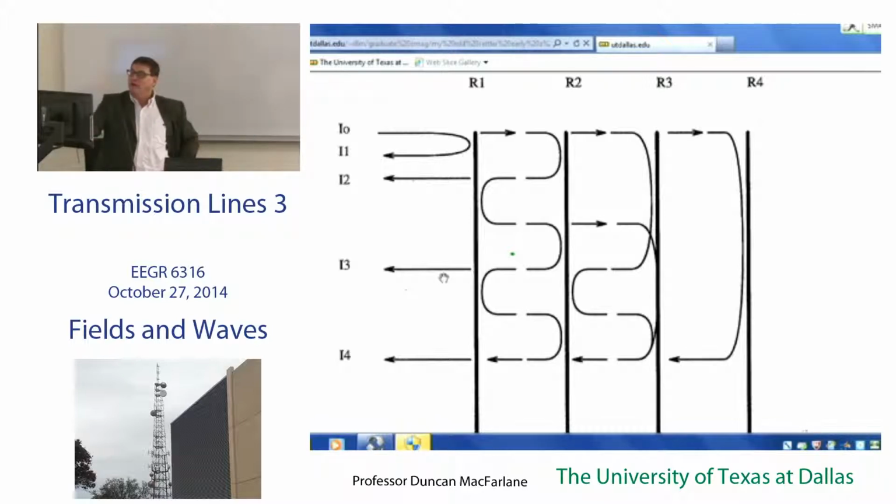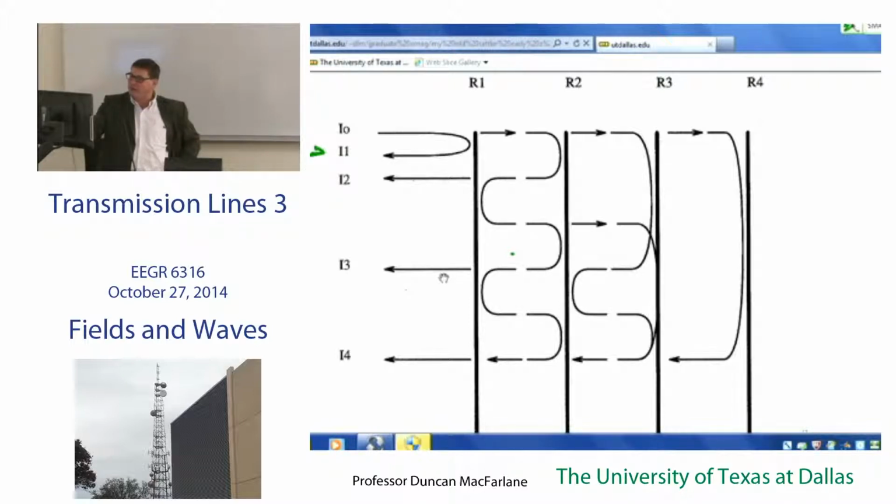And you can see the I naught coming in, and here's my first out, I1. My second one does the same thing that we had before. It goes into the structure, it bounces off of R2 and comes back out and gives me a pulse at I2. The third one comes in, and this was a little bit different.